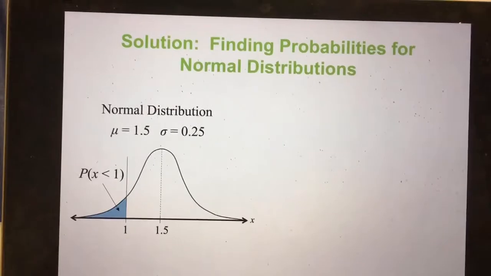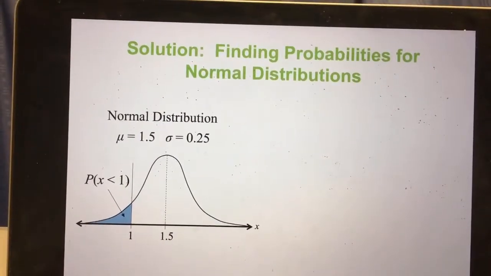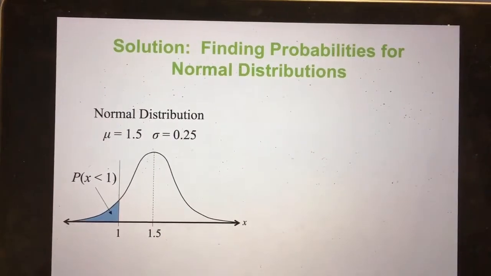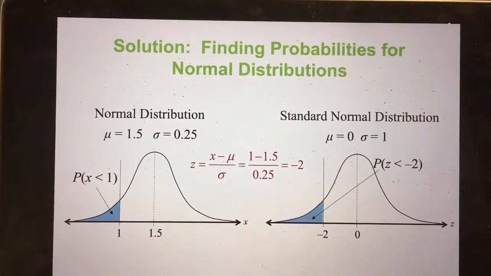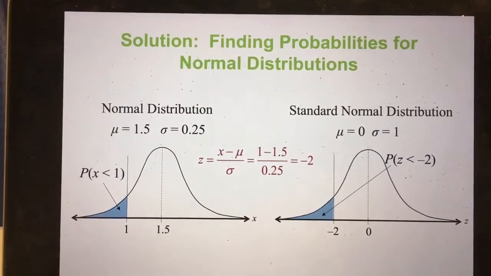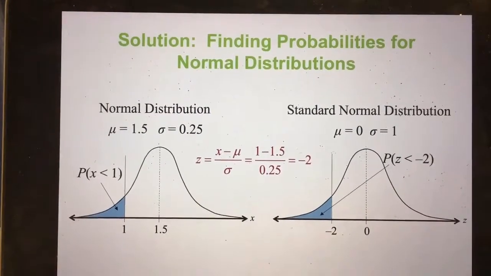Okay, so x is less than 1 is what we're looking for. 1.5 is the mean. And so now we're going to use the mean and the standard deviation to find our z-score. Our z-score gives us -2 standard deviations, which is what we look up in the table.